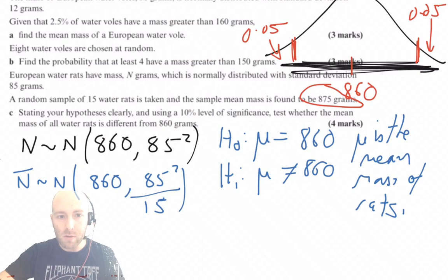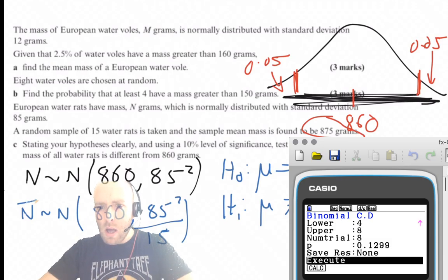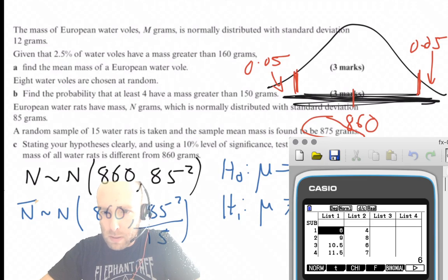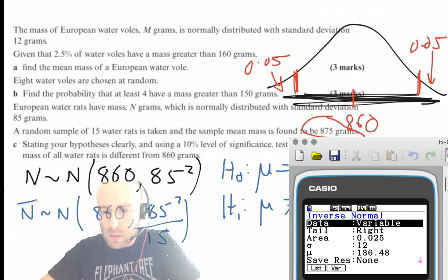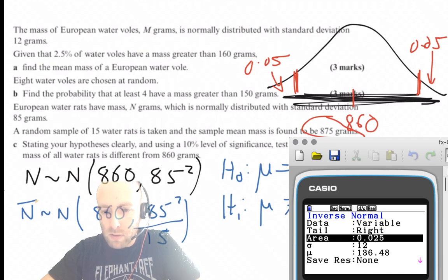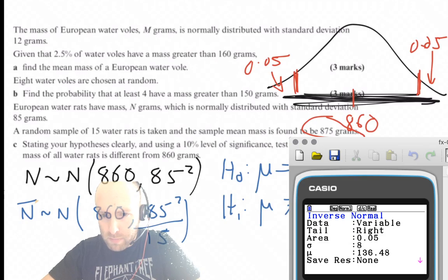Cool. Okay, so bringing up the calculator. And we're still in binomial, so let's go back to normal. We know the probability, so it's an inverse normal. Let's do tail to the right. Yeah, we can do that. All tails to the left. 0.05. Sigma was 85 over root 15.